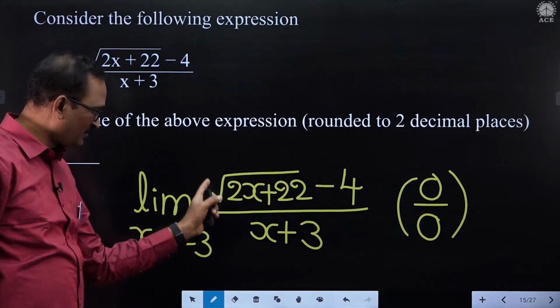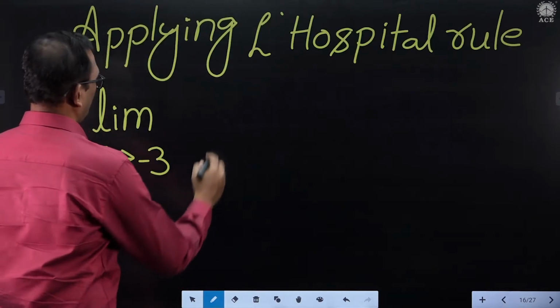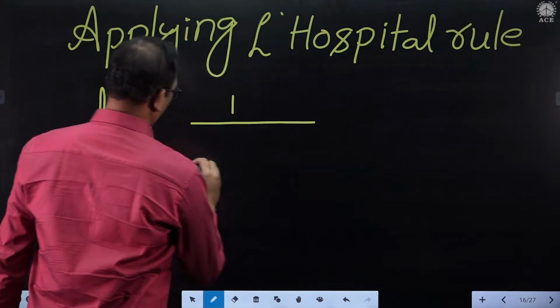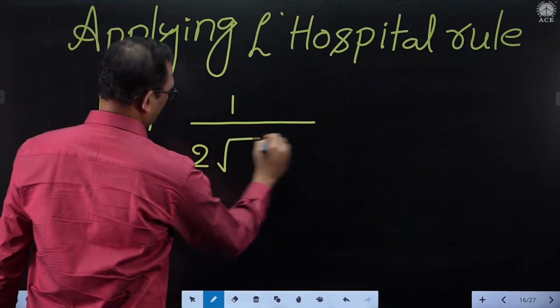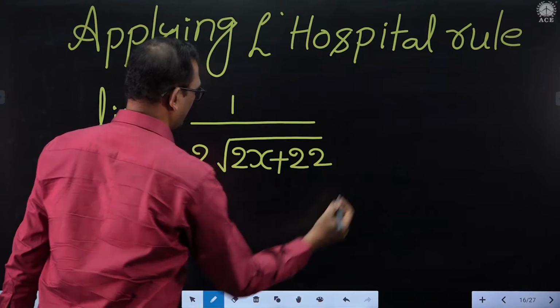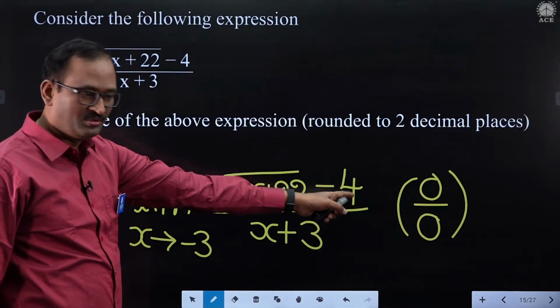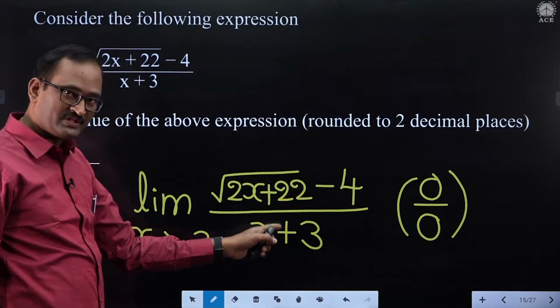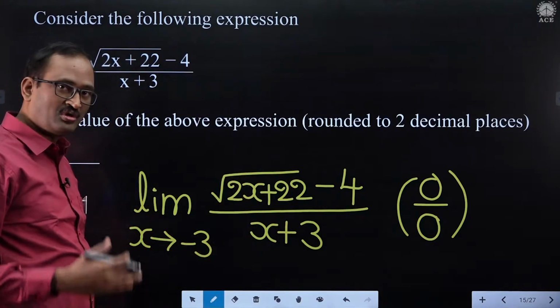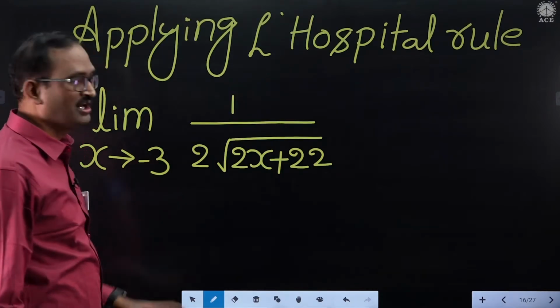The derivative of square root of x is 1 by 2 root x. Here x means 2x plus 22. The derivative of 4 is 0, and the derivative of x plus 3 with respect to x is 1. So after applying L'Hospital rule, we are just getting this.